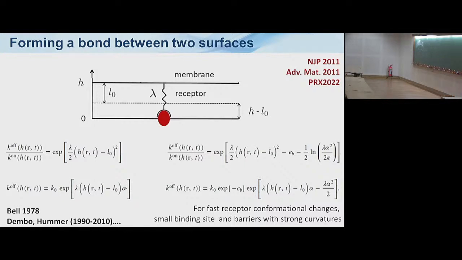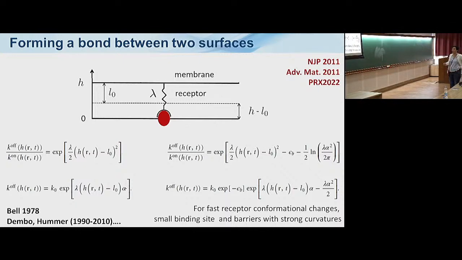But then if you assume that you have fast receptor conformational changes, a small binding site, so the range over which the ligand and receptor proteins interact is small compared to the size of the protein, and that the potentials of interaction have relatively strong curvatures, then you can actually get that. And this actually sets the limits of applicability of Dembo's rates. Okay? All right, so for the details, please look at this recent paper. And the difference is over here.